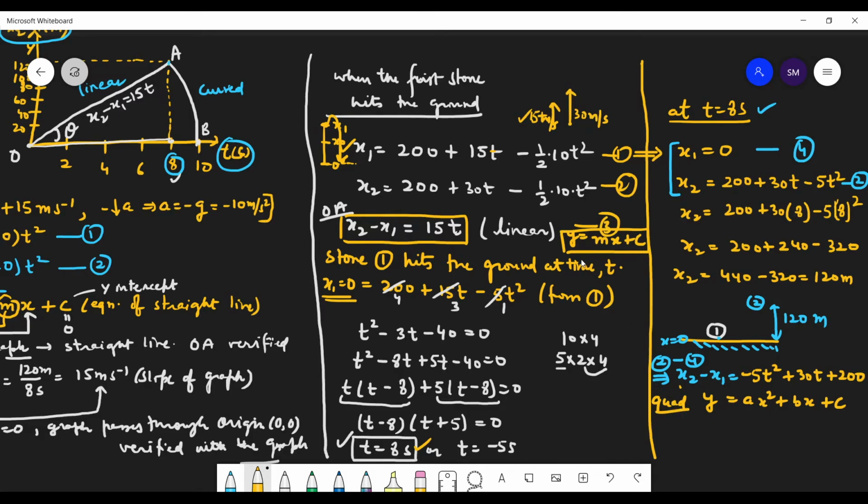So here you had a linear equation from 0 to 8 seconds, but at 8 seconds and after 8 seconds, you get a quadratic equation. So up to 8 seconds you got a linear equation.